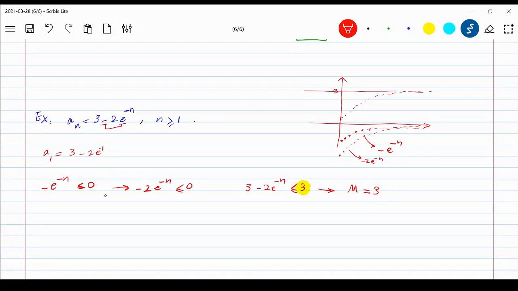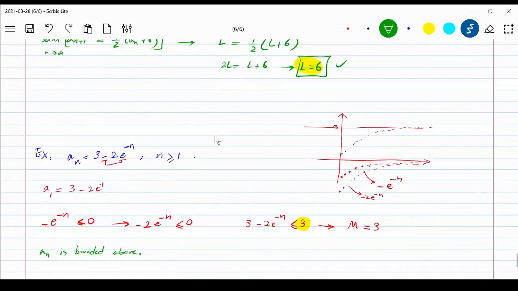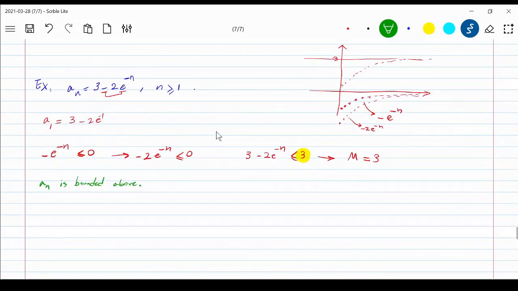Okay, so what I found is that a_n is bounded above. It's not always a fixed strategy. You have to come up with strategies for different cases.